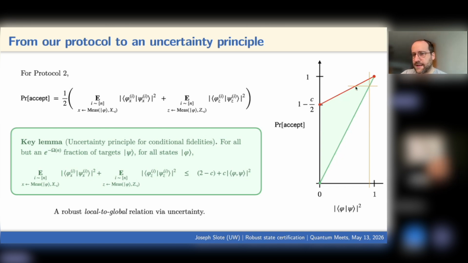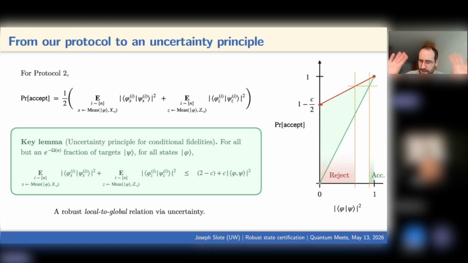And what that means is if we can estimate the probability of acceptance, we know we can confidently reject any state whose fidelity is less than this edge here on the x-axis. So now we get these 2 disjoint acceptance probability ranges here, and so we can reject all fidelities less than this and accept all fidelities more than that.